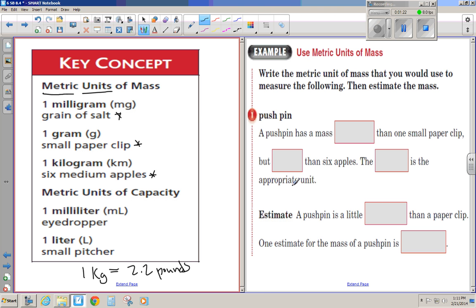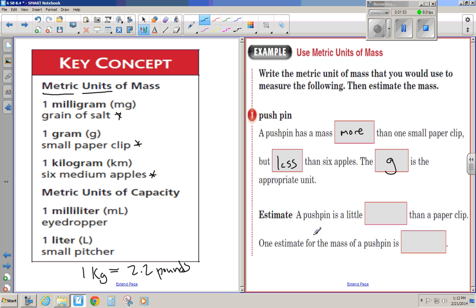Alright, a push pin. We're going to try to estimate the mass here. A push pin has a mass more than 1 small paper clip, but less than 6 apples. So it can't be kilograms, and it can't be milligrams, so it's probably in some form of a gram.